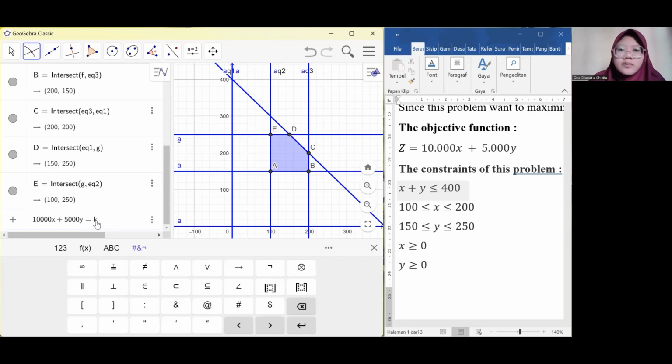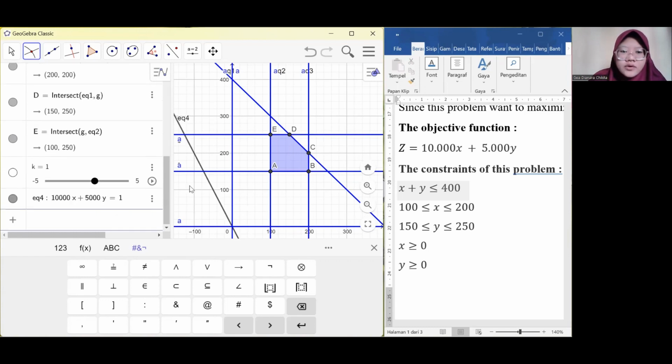We write k to make a slider so that the line of the objective function can move and determine which vertex is the optimum one.